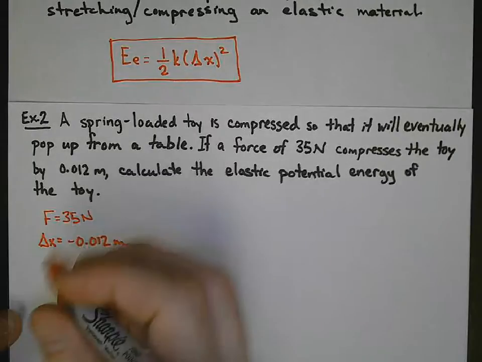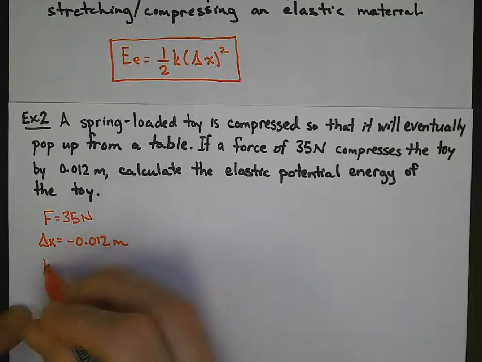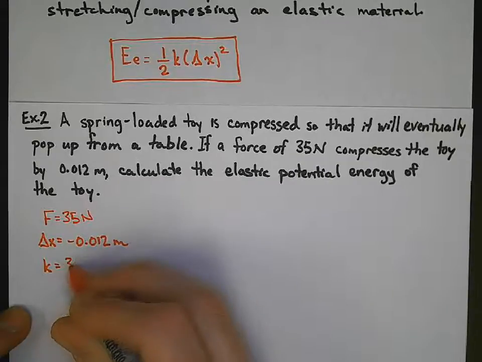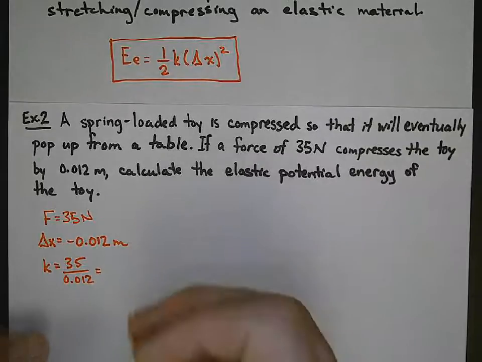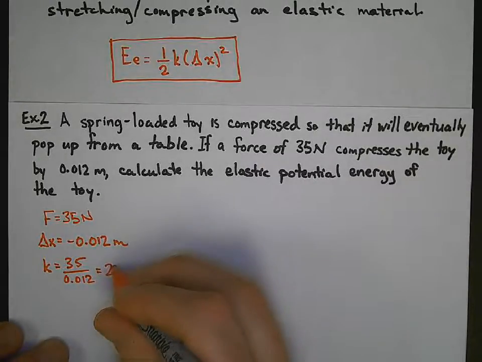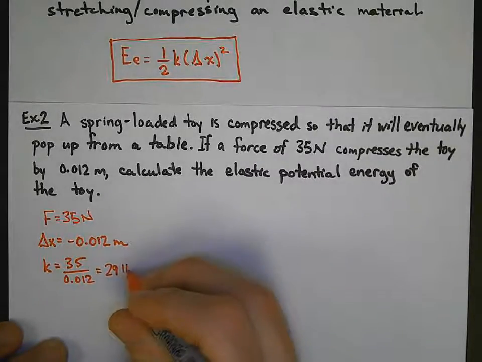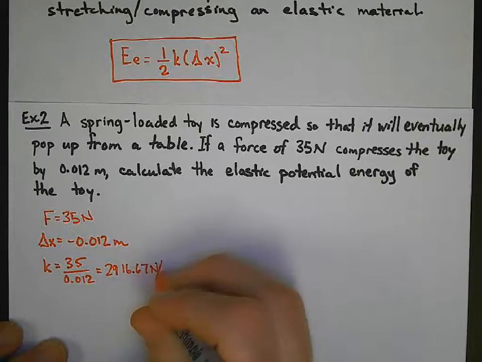It should be noted that we can calculate the force constant, or k, sorry, by taking 35 over that displacement of 0.012. And since this is constant, we're going to maintain it as a positive, and our force constant, in this case, spring constant, would be 2,916.67 newtons per meter.